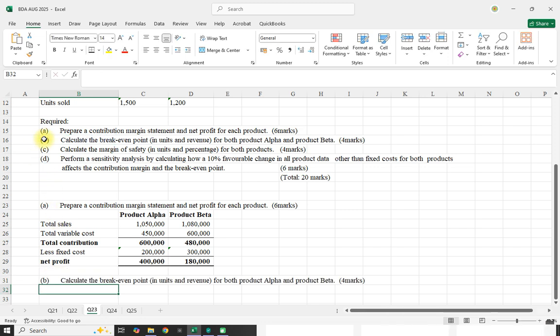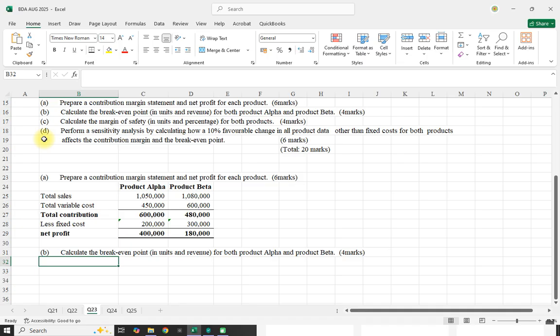where we need to calculate the break-even point for both products in units and in revenue.